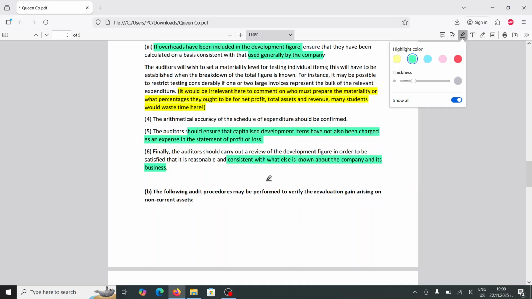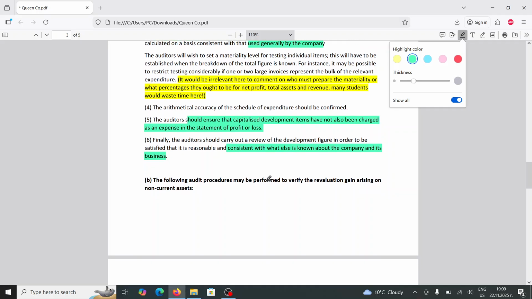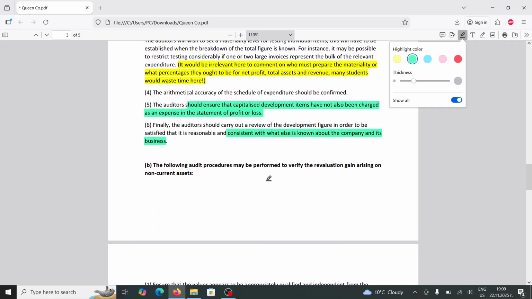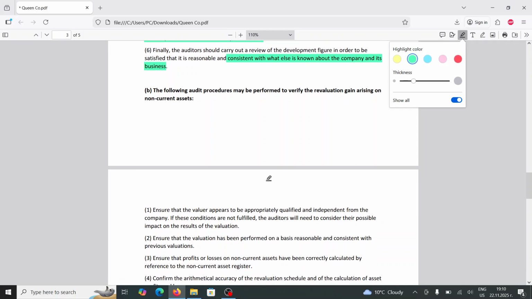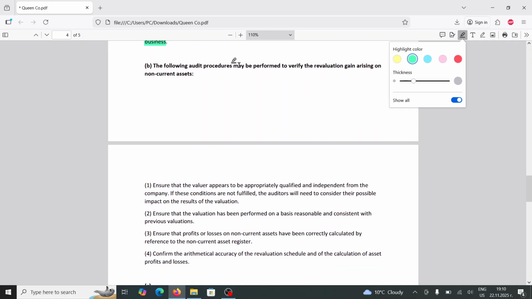So again, the auditor should carry out a review of the development figure and compare it with perhaps development figures from the past or development figures that are connected to the market or this particular industry. So it seems reasonable.